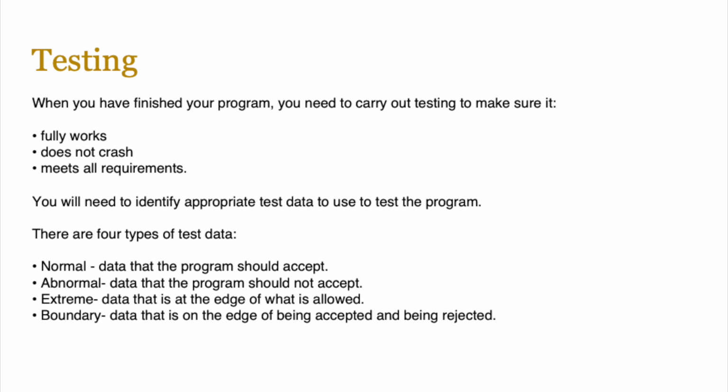For example, if you've got a range and the range is between 0 and 100, 0 and 100 are basically your extreme edges. And then you have boundary, which is data that is on the edge of being accepted and being rejected. So for example, -1 could be rejected, 0 could be accepted, and 100 could be accepted, and 101 could be rejected. So that would be an example of boundary data.